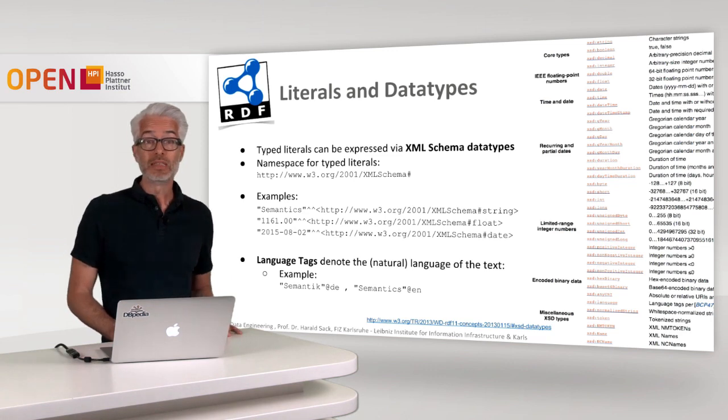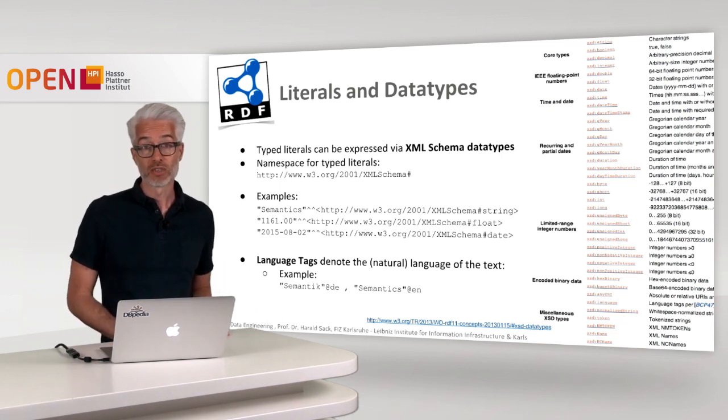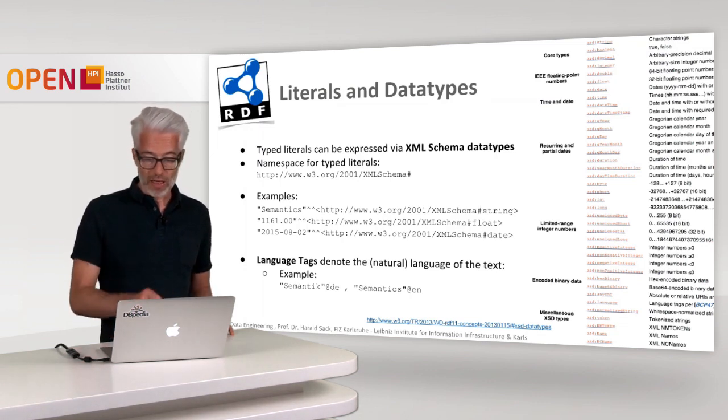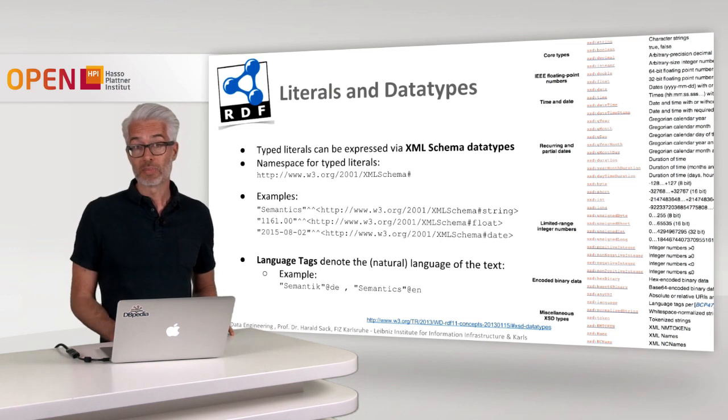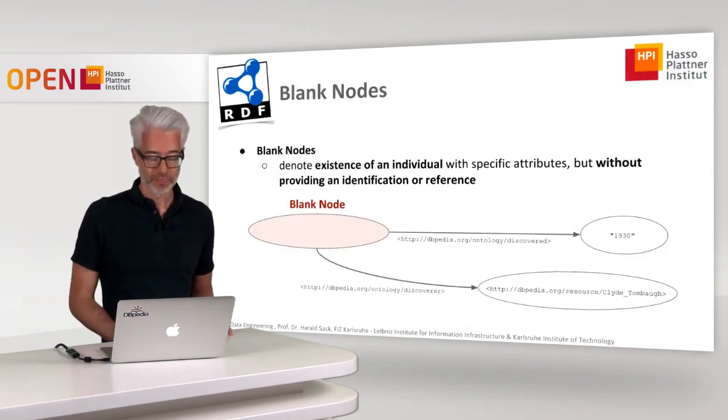So for example, DE for German, EN for English, and there are two-character abbreviations for every country or language that you want to represent here. I have given you a link here to the available data types. Simply click on the link and then you see the definition of all the available data types for RDF literals.